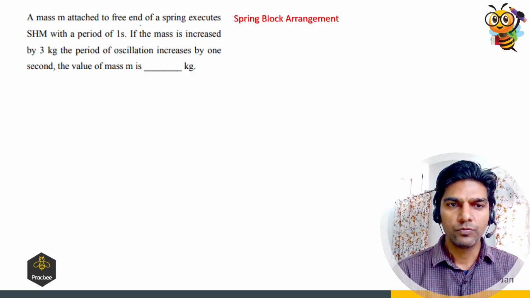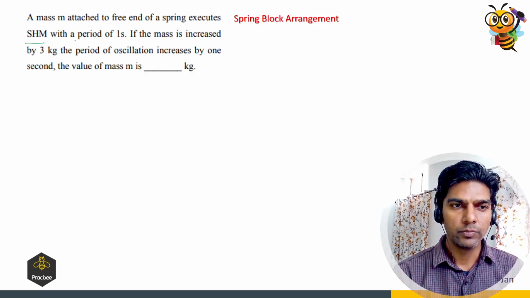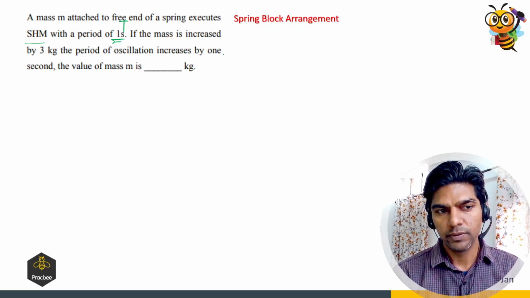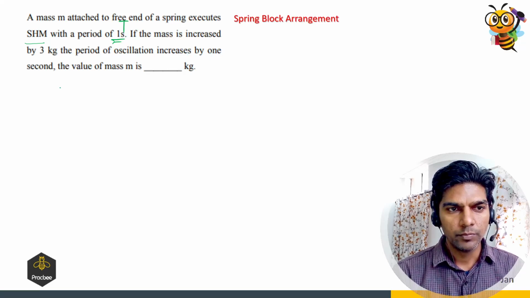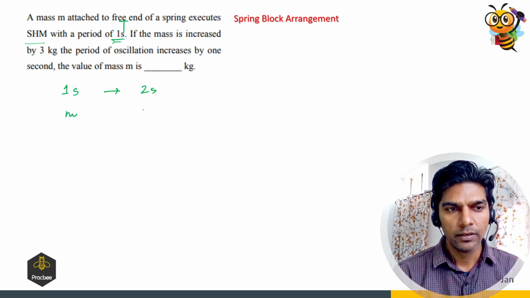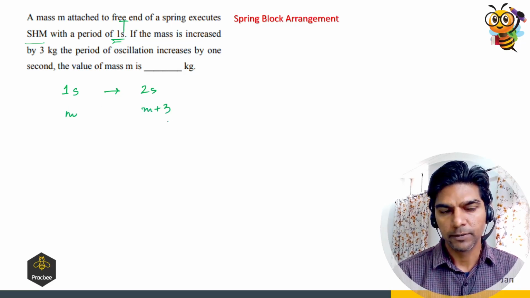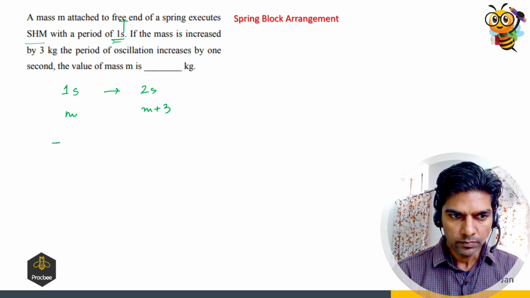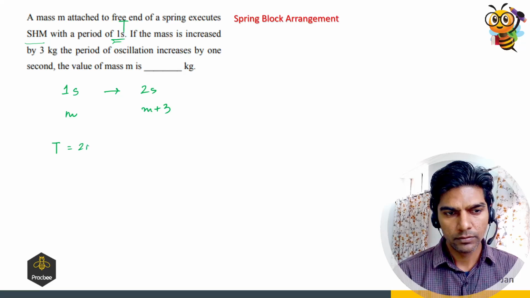A mass m attached to the free end of a spring executes simple harmonic motion with a time period of 1 second. If the mass is increased by 3 kg, the period of oscillation increases by 1 second. So the period of oscillation was earlier 1 second, then it becomes 2 seconds when we increase the mass by 3 kg. So earlier the mass, let us say, was m, then it has become m plus 3. And we know that the time period is given as 2 pi root m by k.